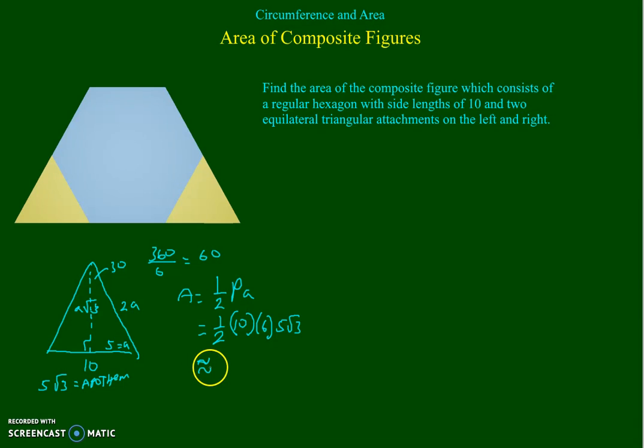And this is going to be an approximate value because we have a square root of 3 here. And so we're just going to put that in our calculator. And I'm going to store this. Let's call this area H. And I'm going to store it in H.